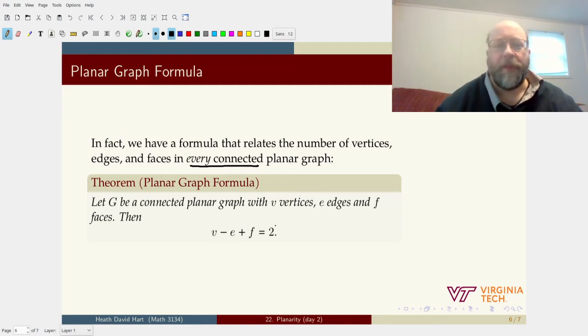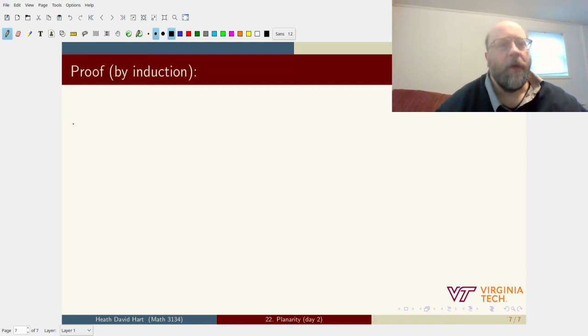And we can prove this theorem by induction. So we're going to induct on the number of edges. So let me start with the base case. Let G be the graph that just has one vertex.